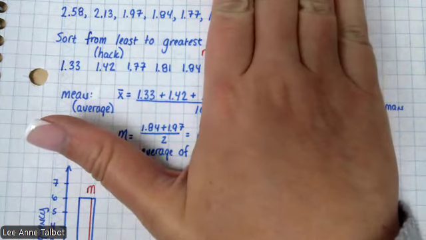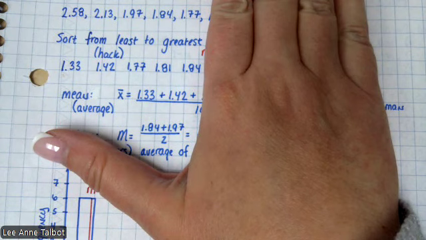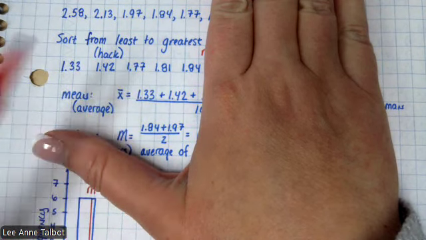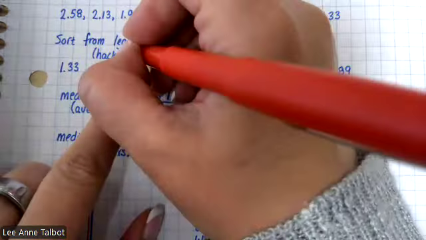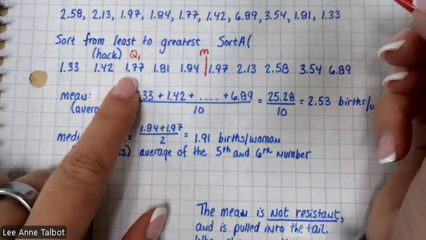So I'm going to put my hand on the line of the median. Quartile 1 is going to be the number that is the median of these numbers. There are 5 numbers, so quartile 1 is 1.77, which is the 3rd number in.